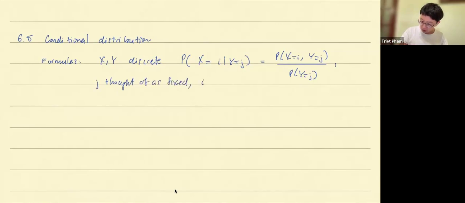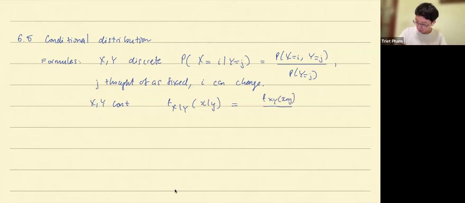And so if you have X, Y continuous, then you have the conditional density, which is the joint over the marginal, right? So again, here Y is fixed, X can change.